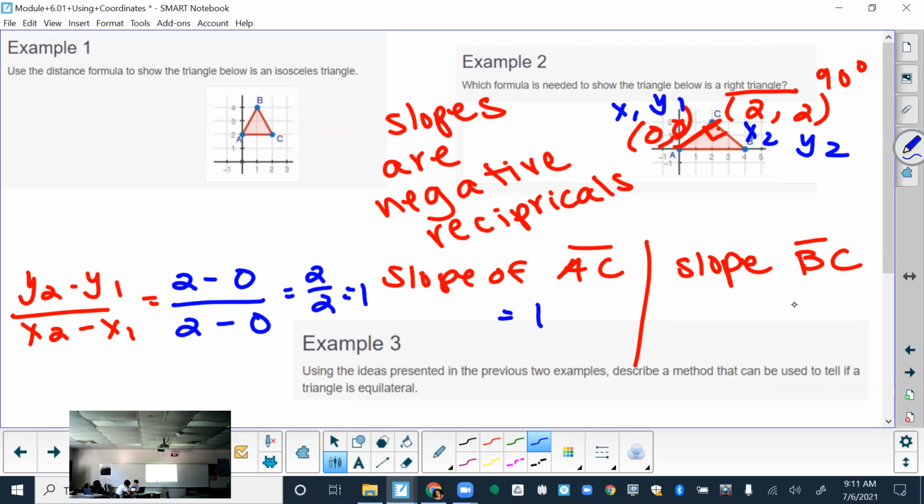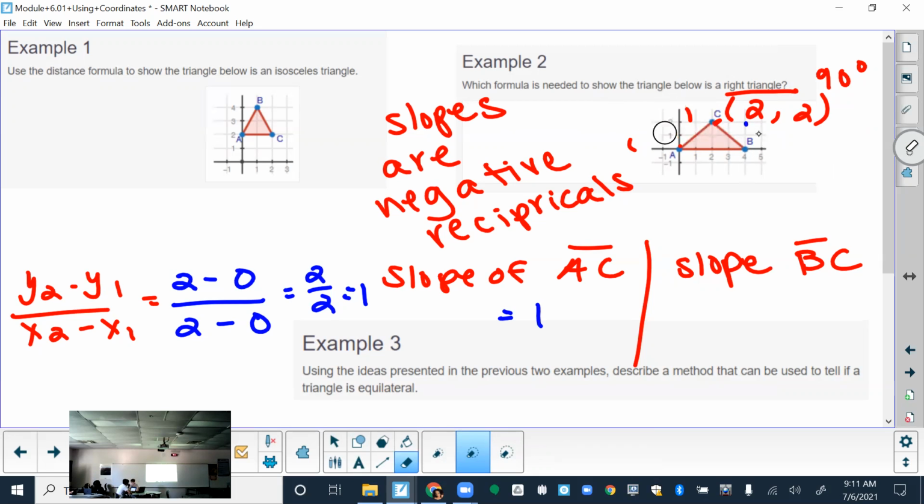Now let's find the slope of BC. I'm going to erase what I wrote over here because I wrote a lot. All right, so we already figured out AC. And we already know the coordinate for C. What's the coordinate for B? Good.